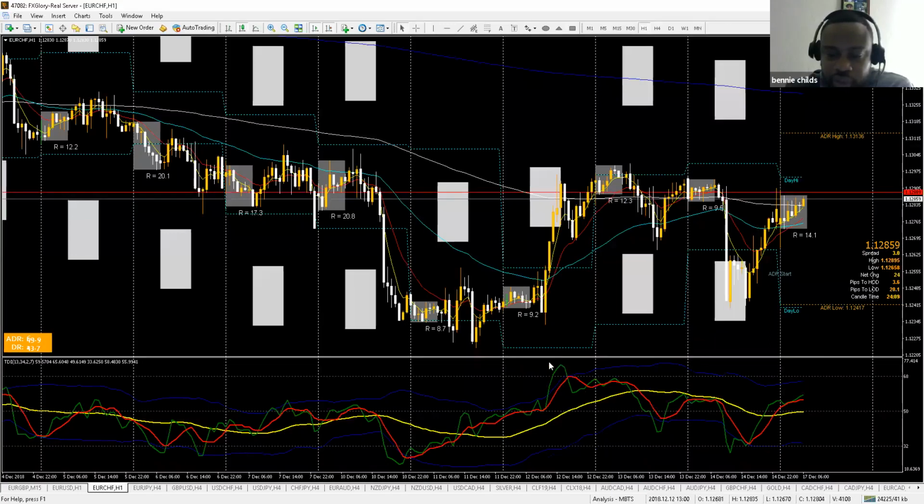Whenever the green price line is above the 68 or close by the 68, the market is in an overbought condition, and you can look for it to sell. Whenever it's down by the 32, the market is in an oversold position, and you can look for the market to eventually start pushing up.